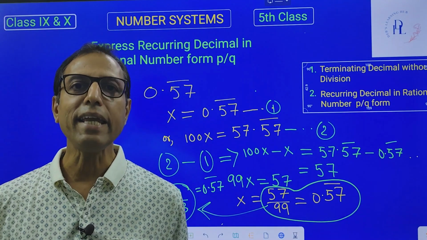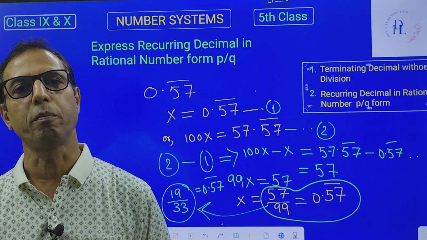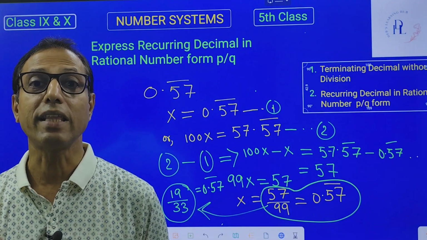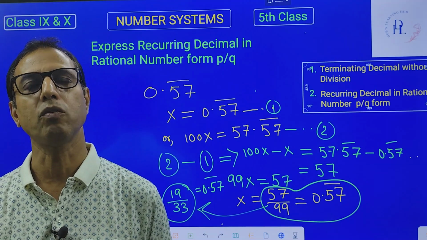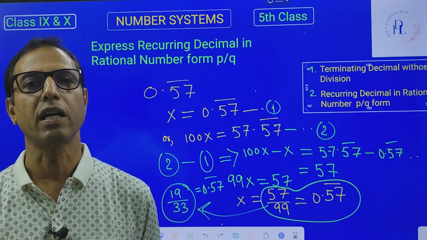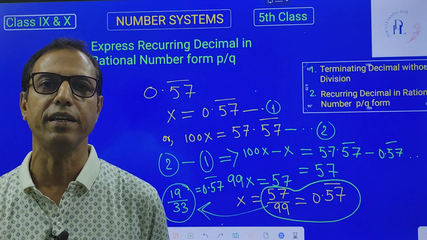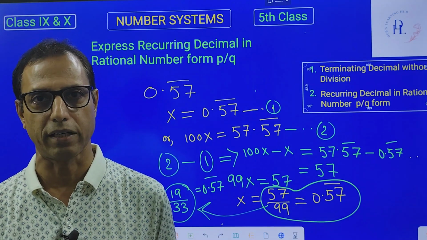So for any recurring decimal, you need to multiply with 1 followed by that many number of zeros. If it is 1 recurring digit, 1 with 1 zero, that means 10. If it is 2 recurring digits, that means 2 zeros, that means 100. If there are 3 recurring digits, you need to multiply with 1 and 3 zeros, that is 1000.